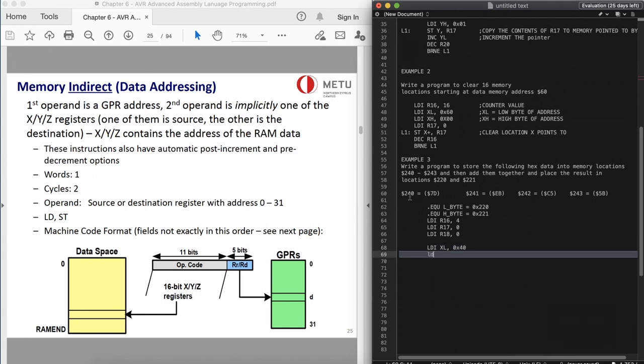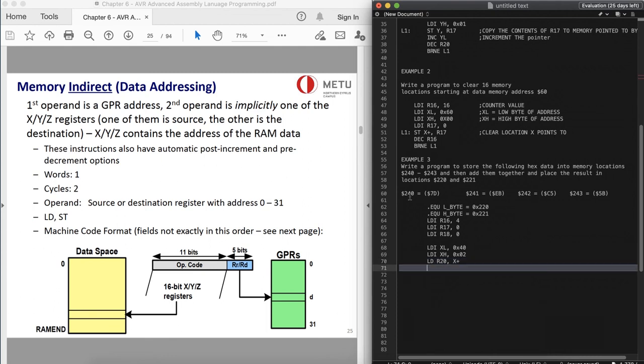And then LDI XH, it's going to be 0x02. So the high byte is 2. Then what we need to do, we have to load, let's say, R20 with the value of X plus. So we have to read the contents that X is pointing to into R20.